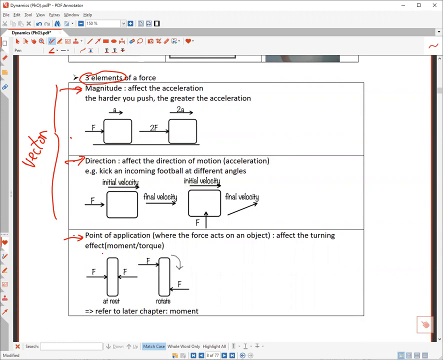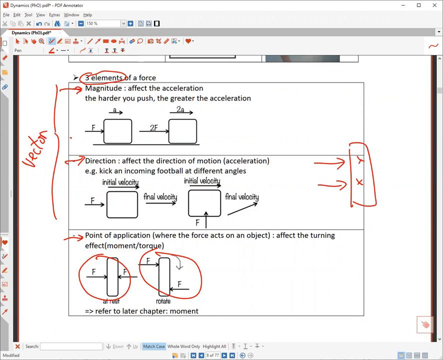Let's say you consider these two different cases. They have a pair of forces acting on the identical object. These pair of forces have the same magnitude and same direction. To the left, this one is to the right, this one is to the right. So they have the same direction, no matter which point they act on the object.